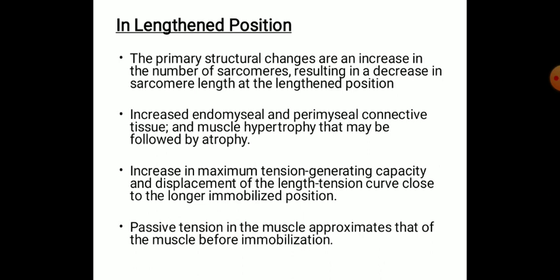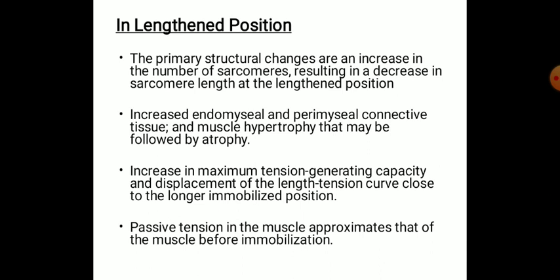Increase in maximum tension generating capacity and displacement of the length-tension curve close to the longer immobilization position. So as I said, in the shortened position the length-tension relationship may reduce, but in the lengthened position it can exceed the normal situation.